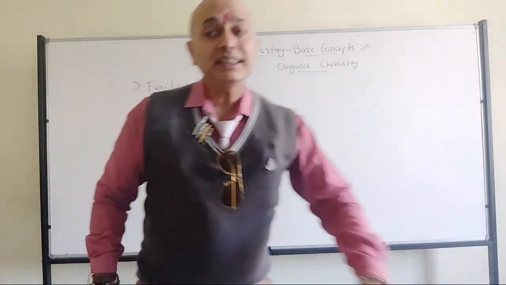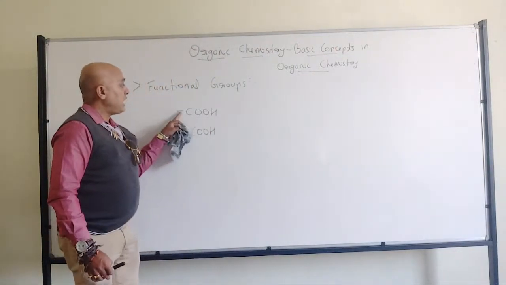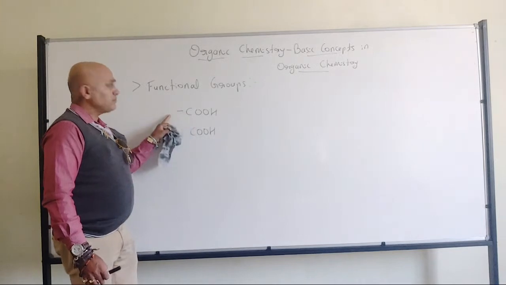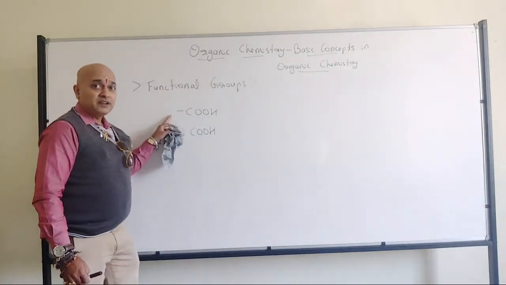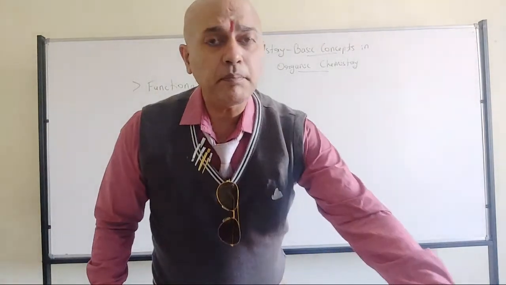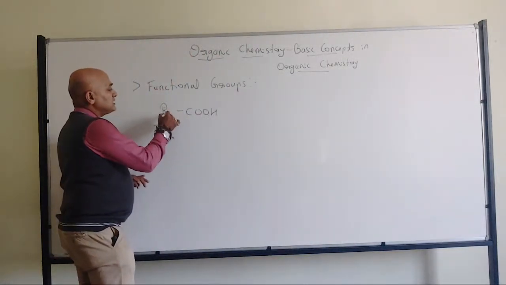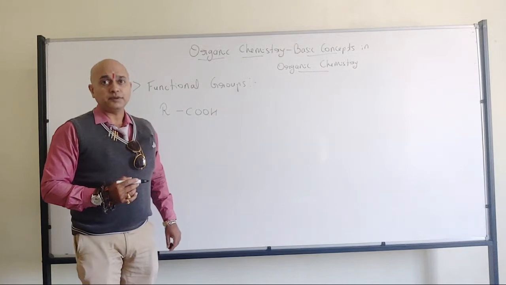It will be attached to a given organic compound. So you have to show this line, which indicates that there is something before this carboxyl group. What is that something? It is the part of the organic compound, right? Therefore, we have the carboxylic acid as one of the important functional groups.